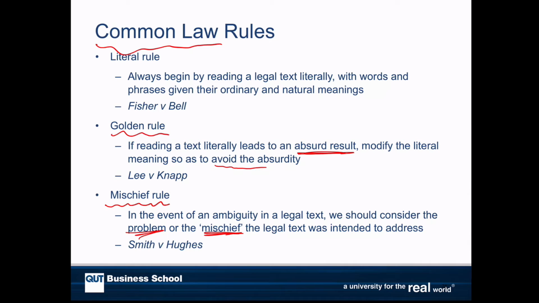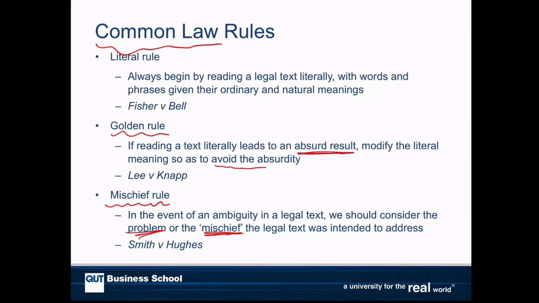So, okay, they're not allowed to solicit in the street. However, the defendants here weren't in the street. They were calling out to people in the street from balconies. They claimed they weren't guilty as they weren't in the street. Now, literally, they weren't in the street, but the court in this case applied the mischief rule and said they were guilty because the intention of the act was to stop people being harassed and solicited, and that was still occurring.